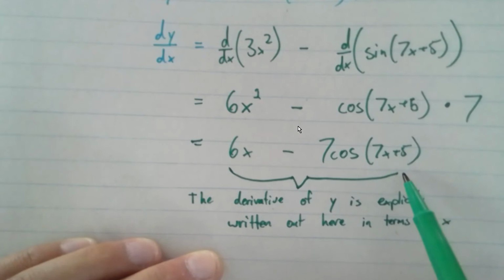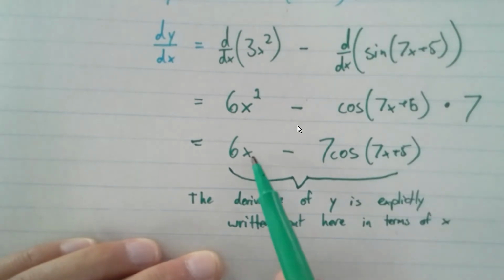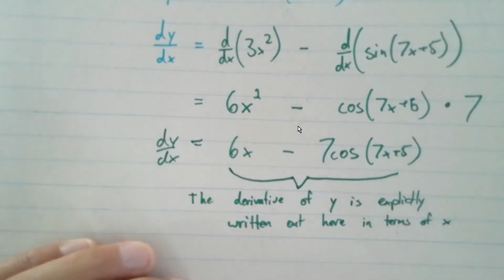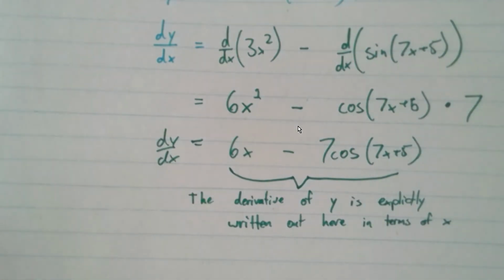This is purely a derivative of y that is all in terms of x. This is indeed dy with respect to x. It's all laid out. There's no hidden meaning, okay?